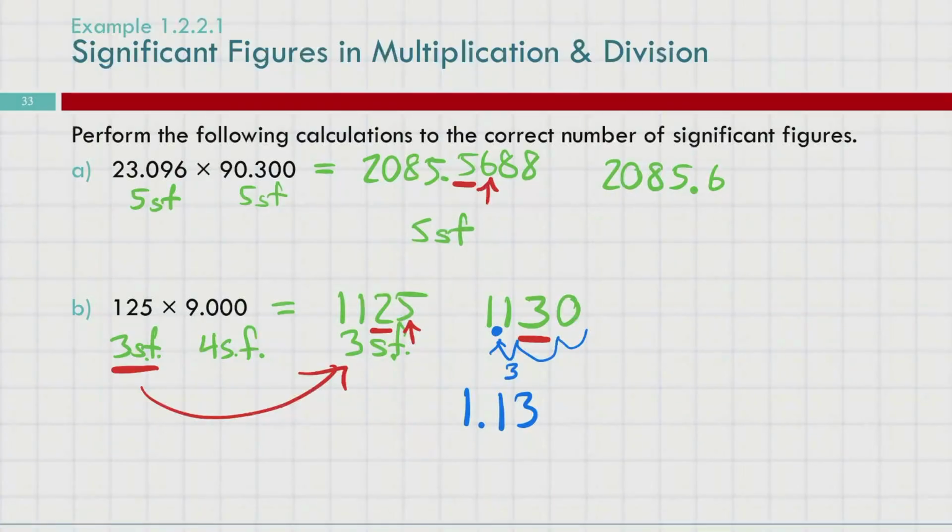So 1.13 times 10, we moved it over 3 places. Is it a big number, positive 3, or is it a small number, negative 3? Is 1,130 a big number or a small number? It's a big number, so we're going to write positive 3.